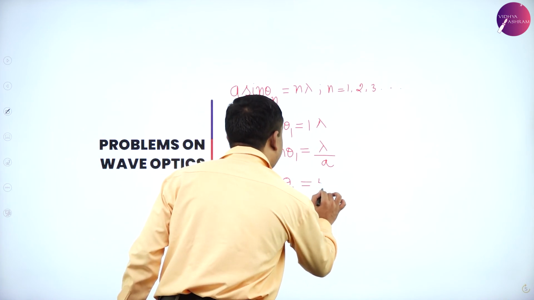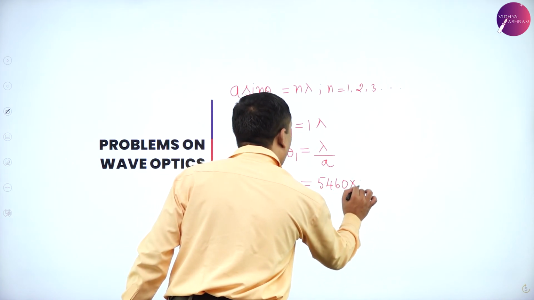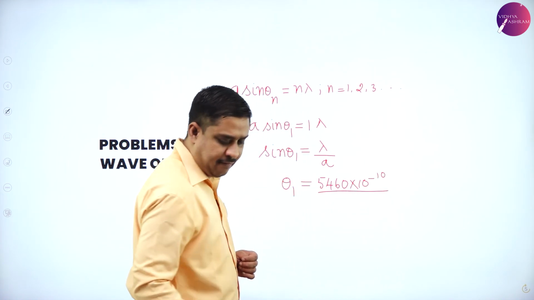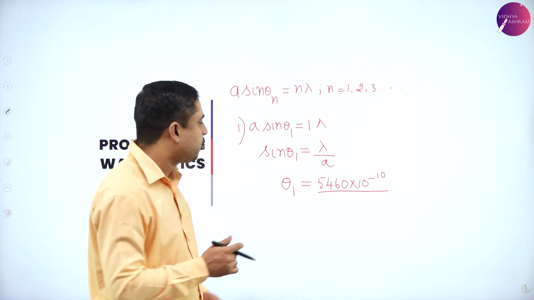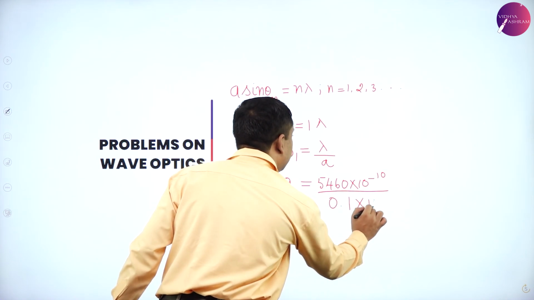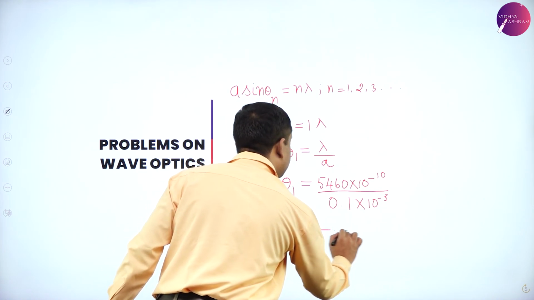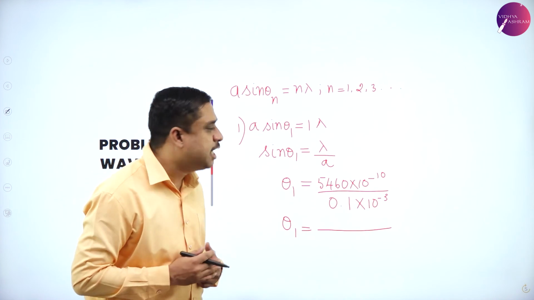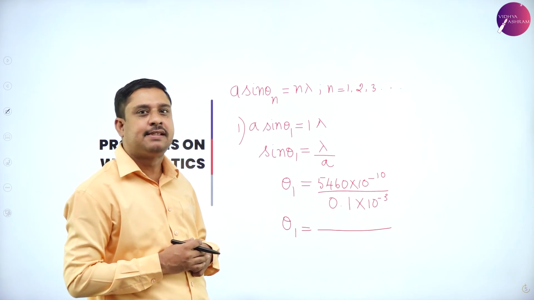So this is 5460 into 10 power minus 10 divided by, where he says the slit width is 0.1 into 10 power minus 3. Use your calculators, you will arrive at the answer.